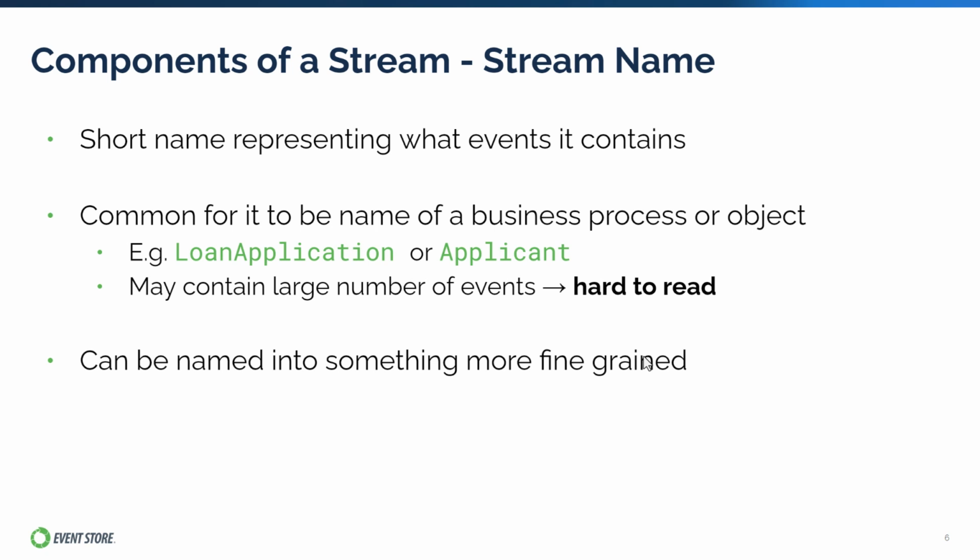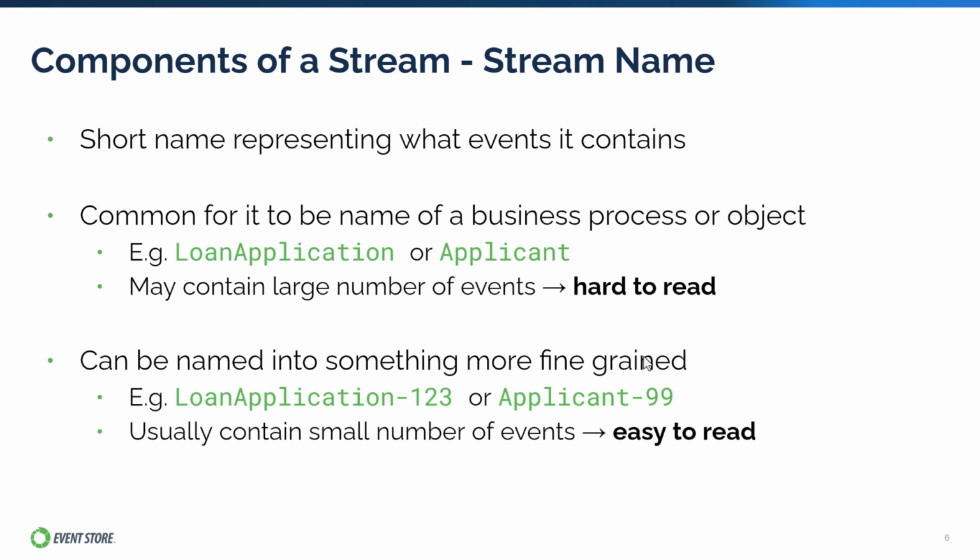In this case, the ID of the instance is added to the end of the stream name. Loan application 123, for example, would be a stream for events just for loan application number 123. Applicant 99 would be the stream of events related to one particular customer. Streams designed this way would be lighter and easier to read from.